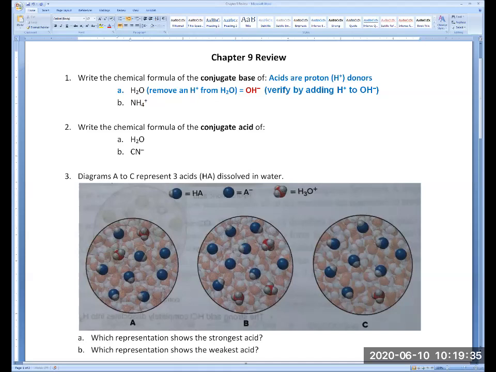So again, we need to remove an H plus from NH4+, your acid, and I see you get it.